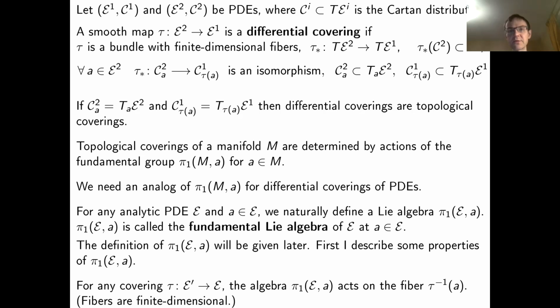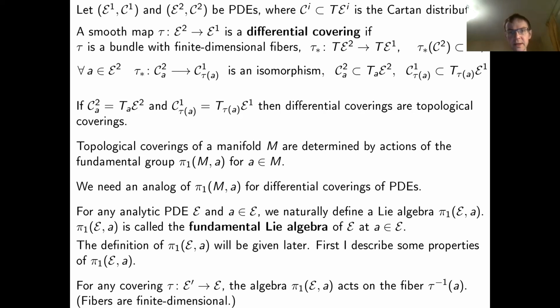In the infinite dimensional setting, it is much more convenient to work with Lie algebras instead of Lie groups. So Lie groups are replaced by Lie algebras, which means that we study local geometry of differential coverings. And for differential coverings, local geometry is rich enough, as we will see. So we study things locally, and because of this, groups are replaced by Lie algebras.